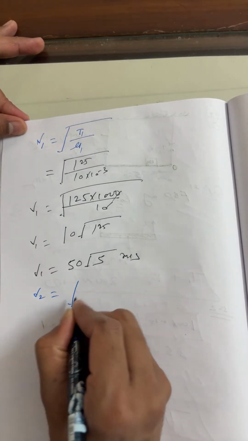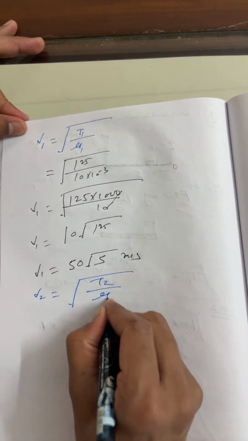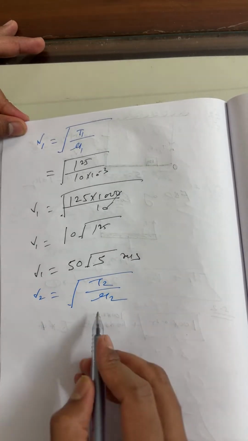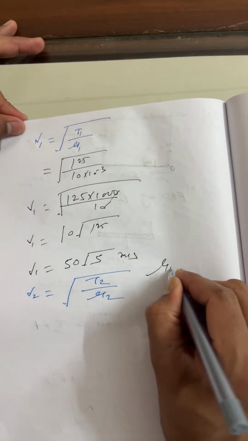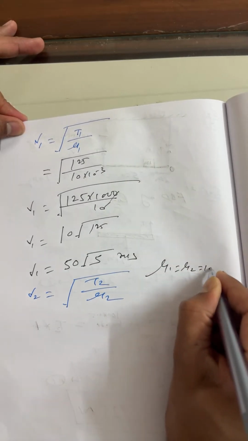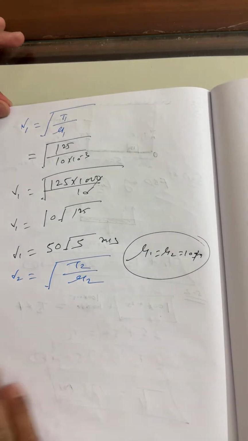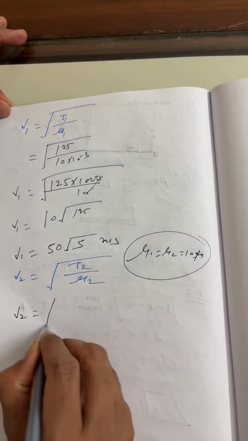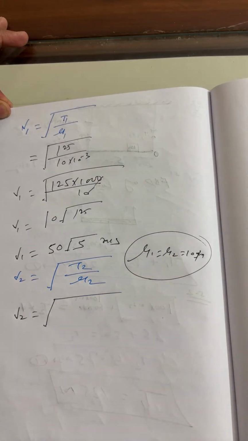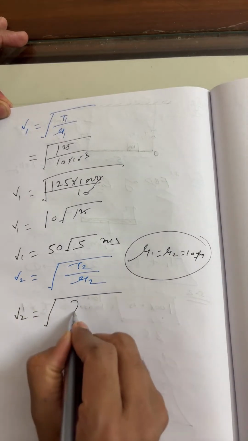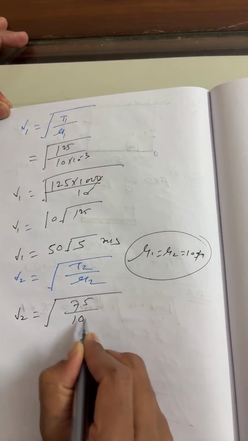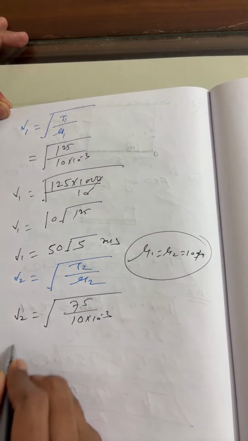V2, what we can see? This is T2 upon mu. V1, V2 mu remains same, this is 10 gram per meter. So V2, you can see T2 here. What's the T2? 75 upon 10 into 10 to the power minus 3.